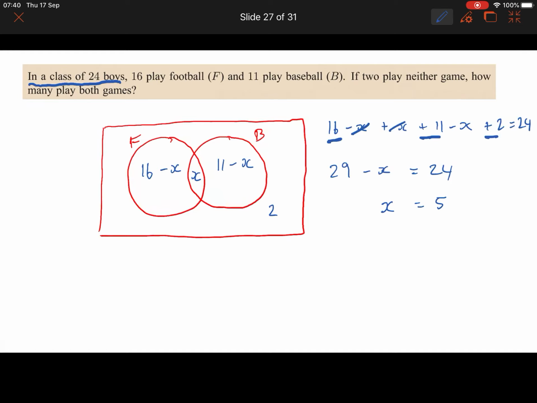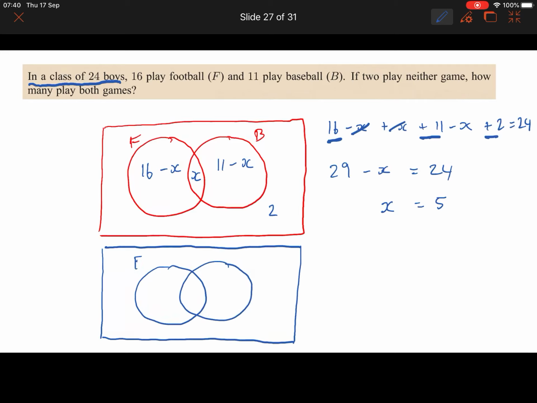Okay, so I've answered the question. I know that the amount of people that play both games is 5. You may be asked many more questions though about the Venn diagram, so the best thing to do once you know what X is, is to redraw the Venn diagram with the correct numbers in there.